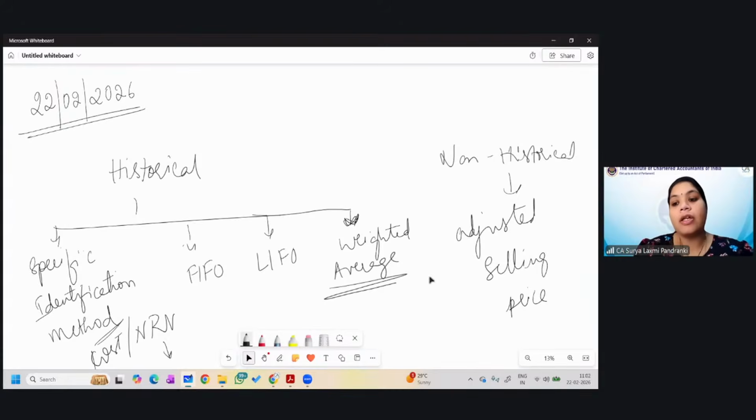In this method, you know the opening inventory and the cost of goods sold, and then you derive the closing inventory, also using the gross profit margin. You might know the sale price of the closing inventory, but the cost price of the closing inventory will be calculated using this adjusted selling price method, right?